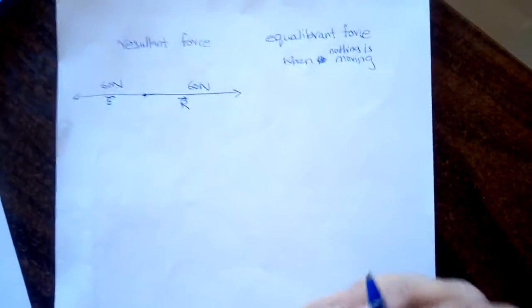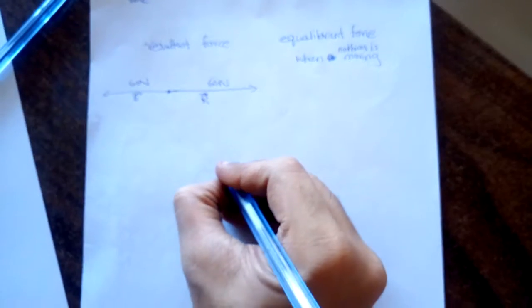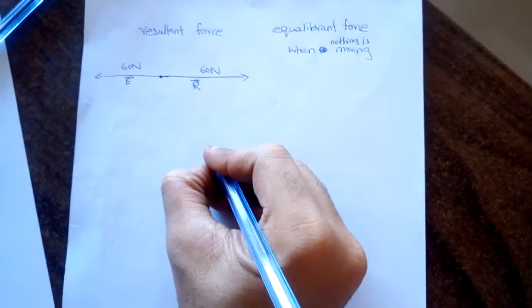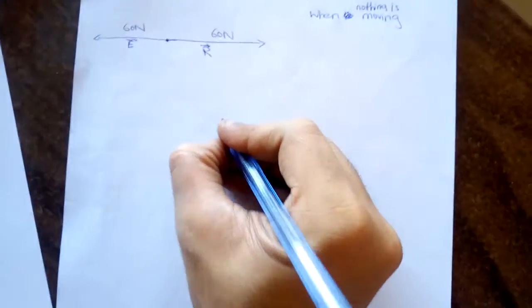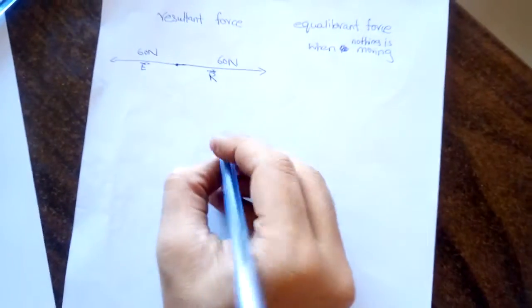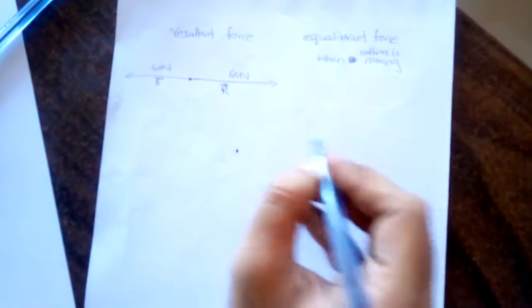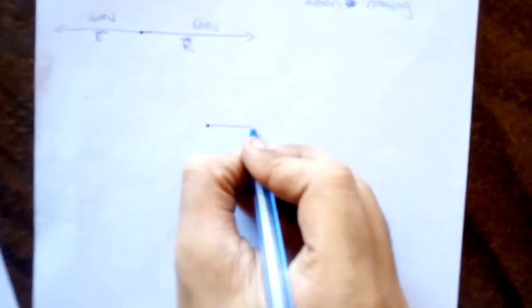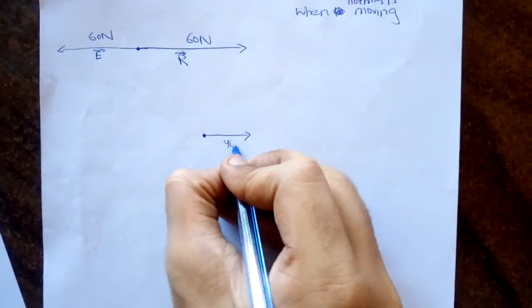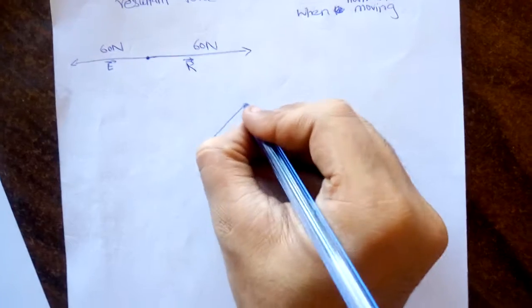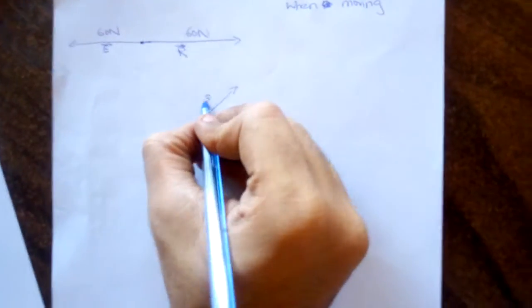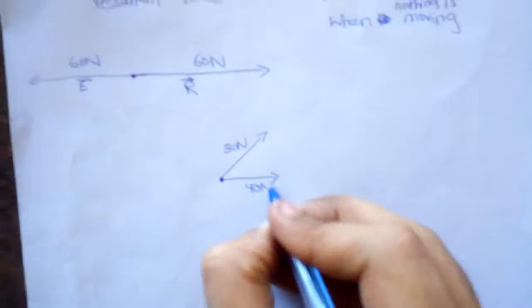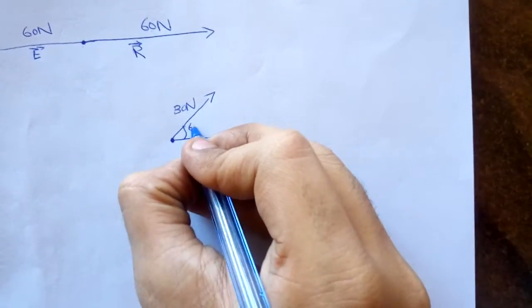So let us start with an example. If you have an object over here and the forces are going in two different directions, as we can say this is 40, this is 30 newtons, and we have an angle over here, 60.